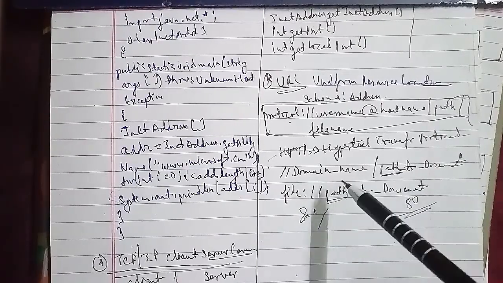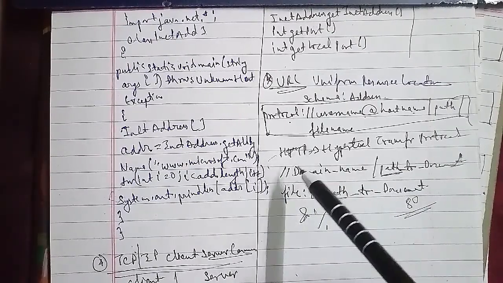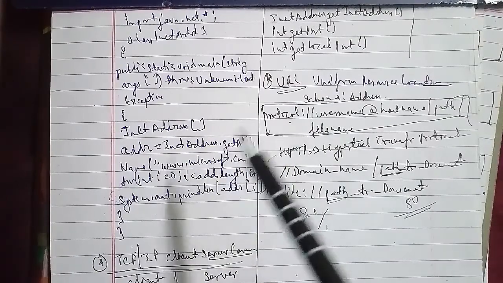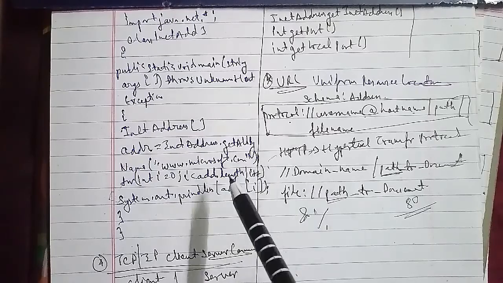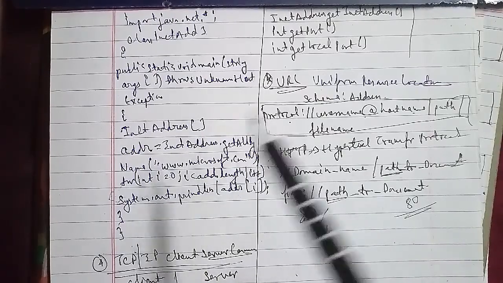Now we'll explain the constructors and the methods used in the URL class. The Java URL class has various constructors, and these constructors throw the exception MalformedURLException.